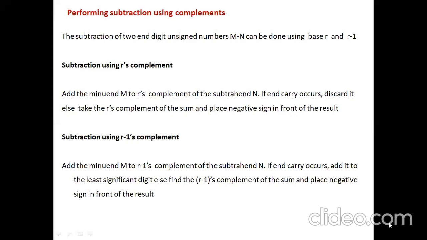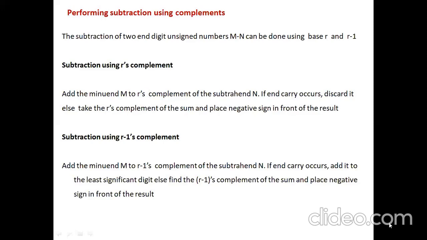The least significant digit is the digit on the right side, which has the least significance, and the most significant digit is the one on the left side, which has the most significance.